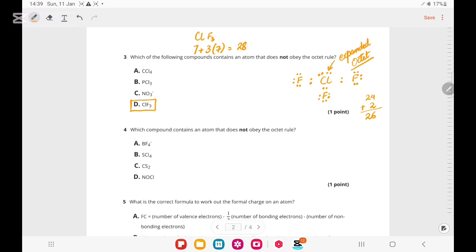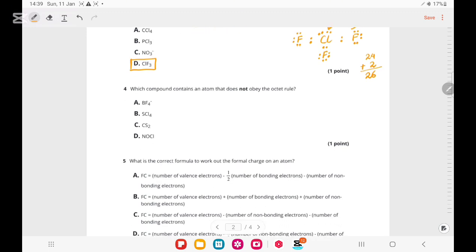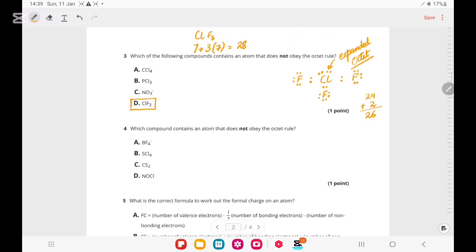Next question says, if you see all other elements here, like carbon, valence electrons are 4 plus 4 times 7, which is going to be 32. Carbon, this is Cl, this is Cl, this is Cl, this is Cl.